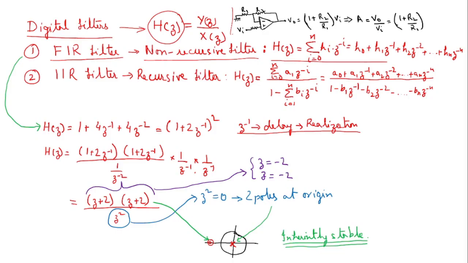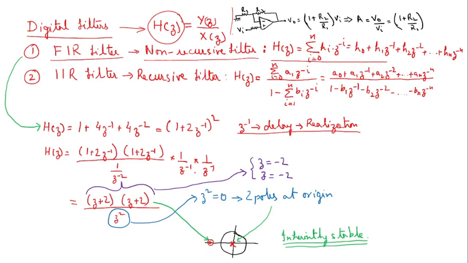So what do you mean by feedback loop? None of the previous outputs will be taken into consideration while calculating the current output. The FIR filters will only be taking up present and past inputs, and based on the present and the past inputs, it will give you the current output.